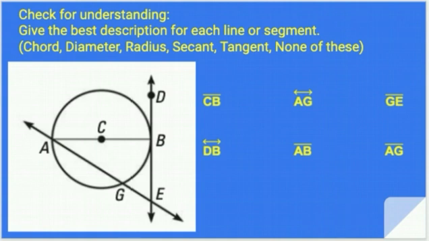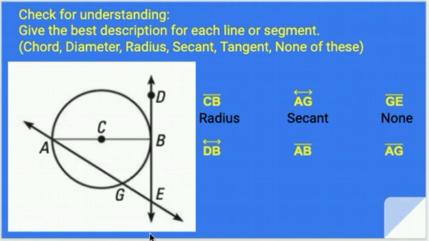And if you've restarted the video, you should have found that segment CB is a radius. Line AG intersects the circle in 2 points, so that is a secant line. Segment GE intersects the circle once, but it doesn't skim the circle, so that's not a tangent line. It's none of the things that we've discussed.